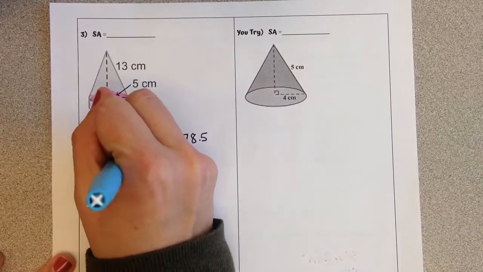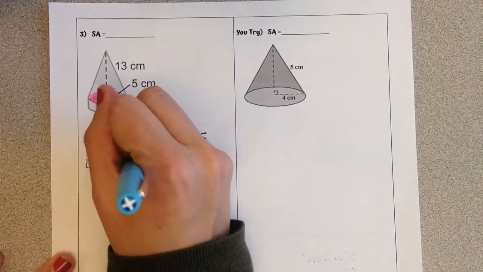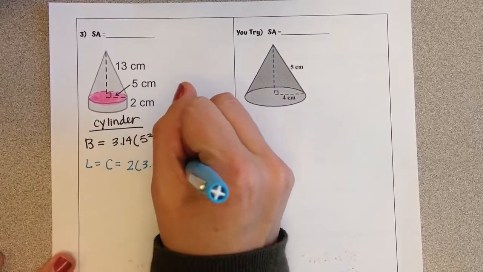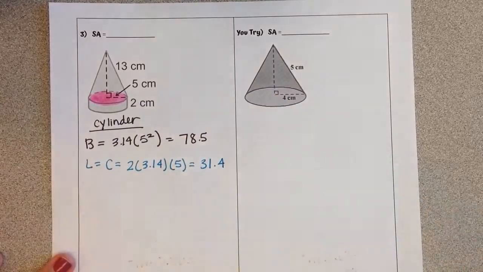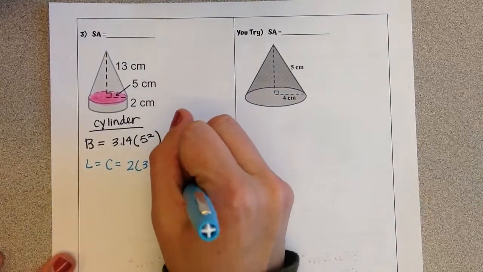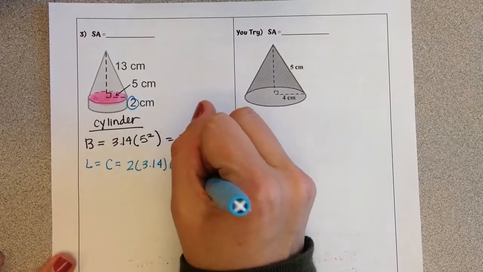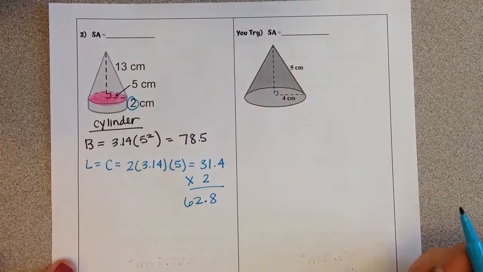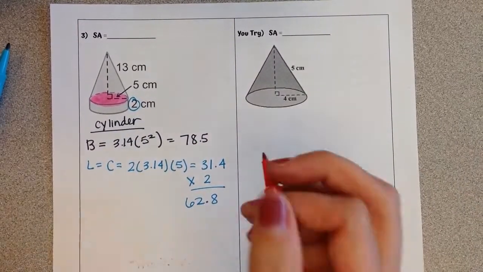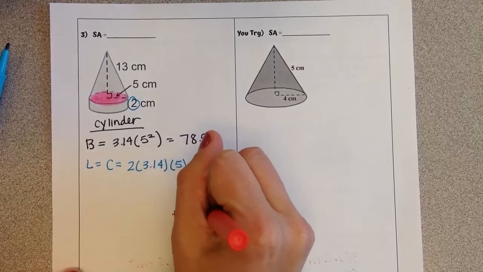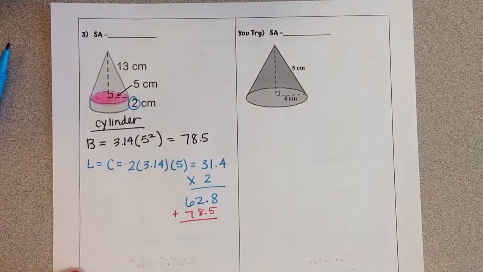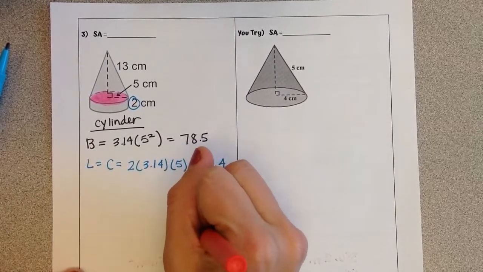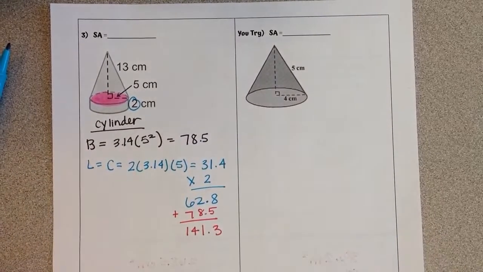So I'm going to find my circumference first, which is 2 times pi times our radius of 5. And that gives us 31.4, which I need to multiply by the height of the cylinder, and that gives us 62.8. So for the cylinder portion, I'm going to add the 78.5, so our cylinder is going to give us an area of 141.3.